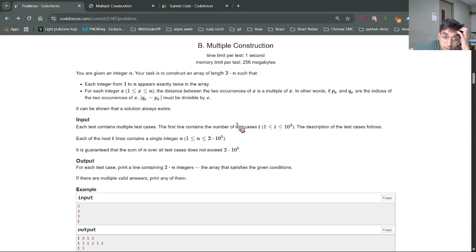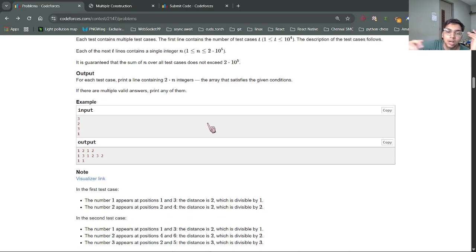Because I want an even sized array in which I want n numbers occurring twice. So for 1, 2, 3, 4, 5, 6, 7, 8, 9, 10. Now I want 5 and 5.